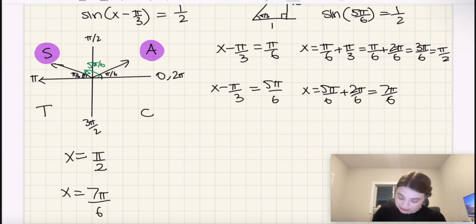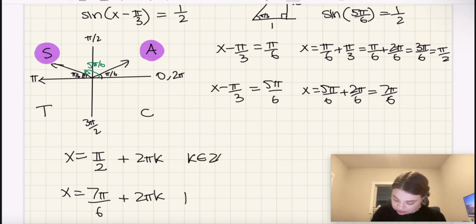And so that's why I'm going to add to these ones plus 2 pi k, where k is any integer, right? Because if we go back 1 cycle or forward 3 cycles or back 100 cycles, forward 35 cycles, whatever it might be, any and all of those would still also work and be solutions, right? And so that's why we have to include the plus 2 pi k.